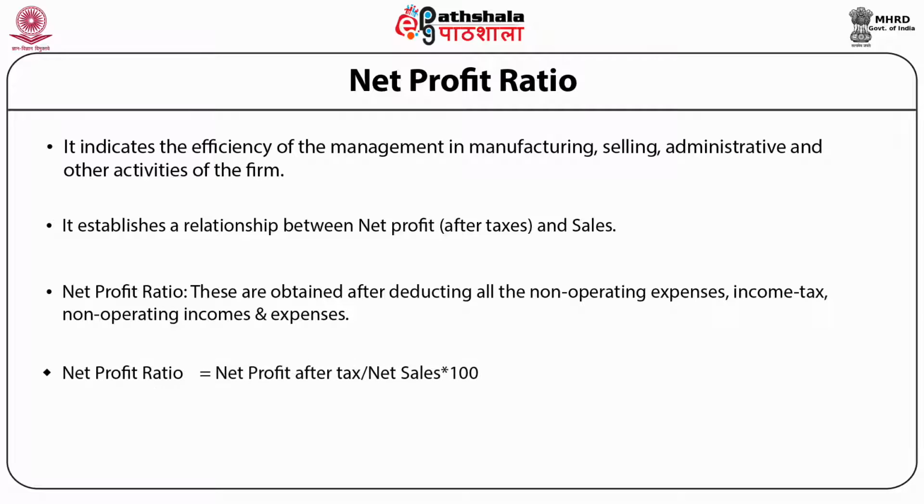We calculate net profit ratio by dividing net profit after tax by net sales and then multiplying by 100. Or we can calculate this by using another formula, that is by dividing net operating profit by net sales multiplied by 100.